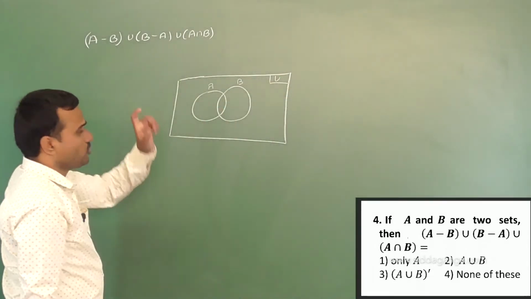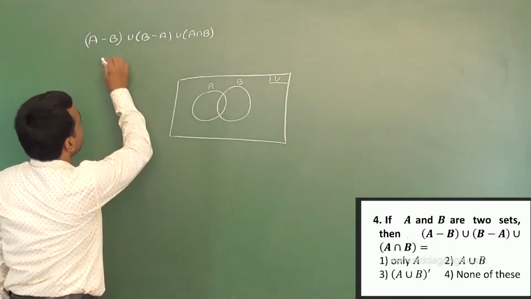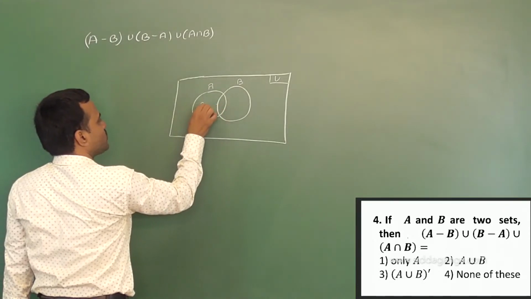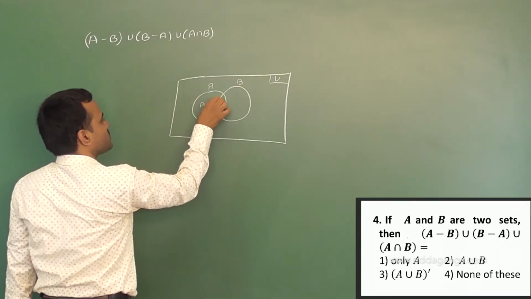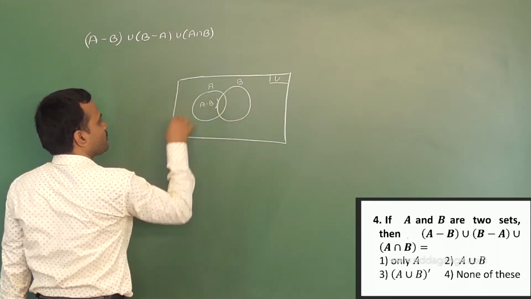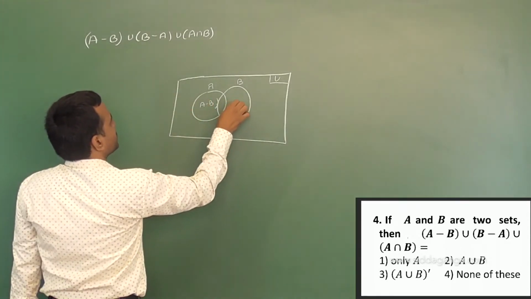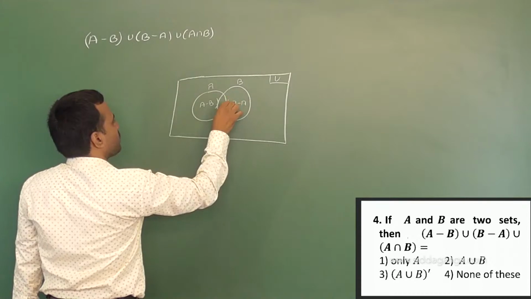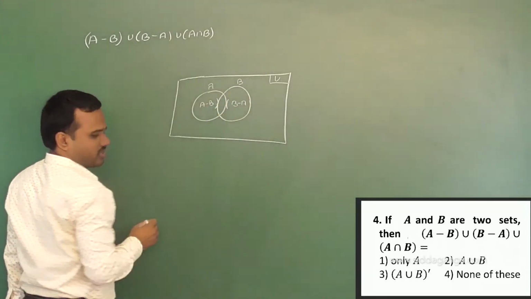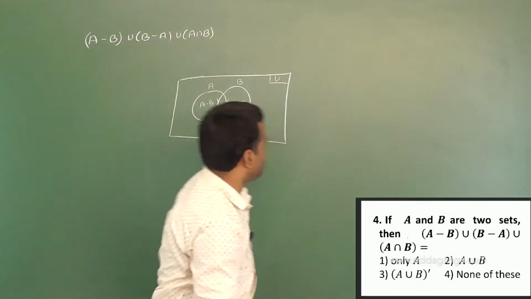So you know the regions also. A minus B, this is the complete region. B minus A, this is the complete region.